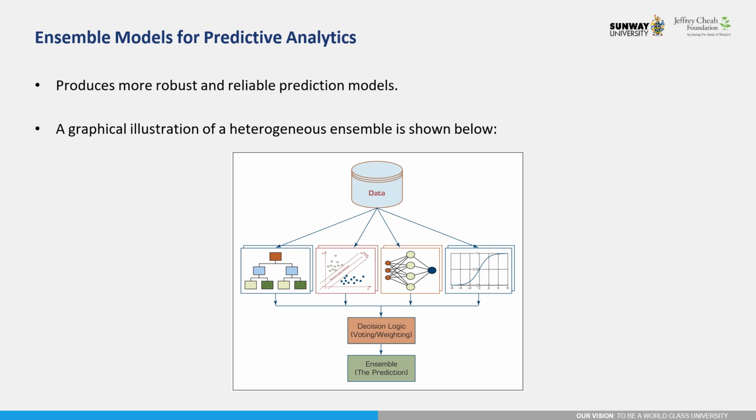Usually we have data, different kinds of visualization, and different techniques, and then decision logic uses the different methods so you can take a decision to control the heterogeneity in the ensemble. So how you can manage the prediction.